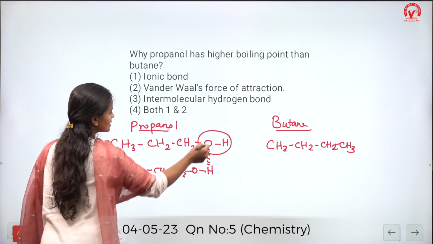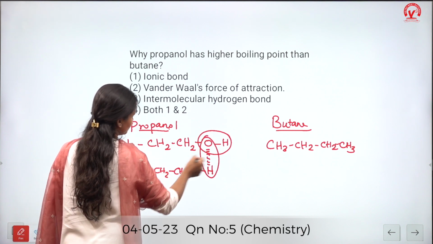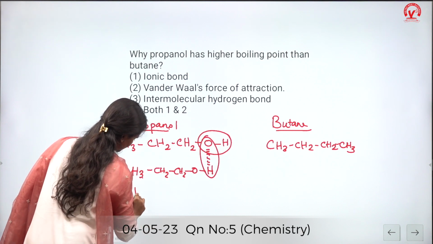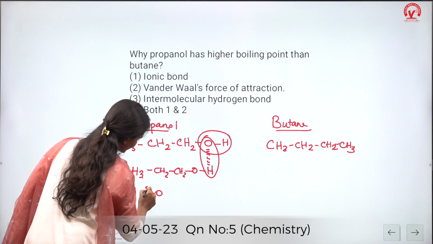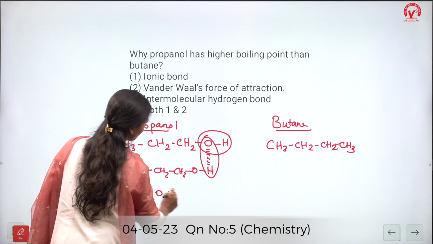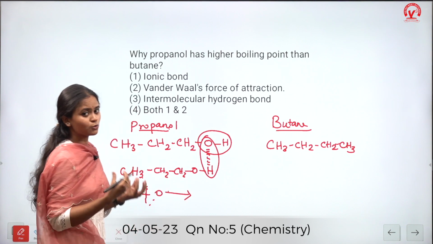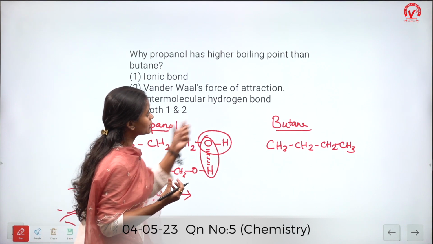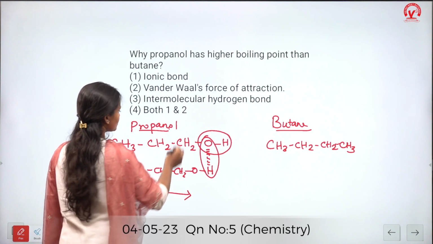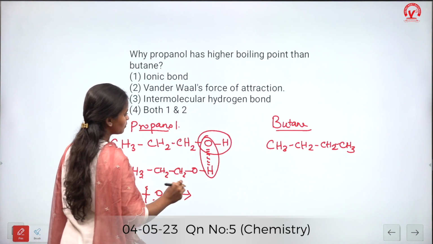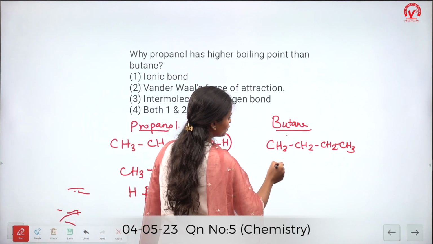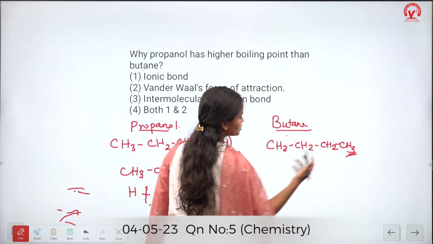We cannot easily break this hydrogen bond, the OH bond, so we need higher energy to break it, so its boiling point is also high. So propanol has a higher boiling point. In the case of butane, there is no OH group present.